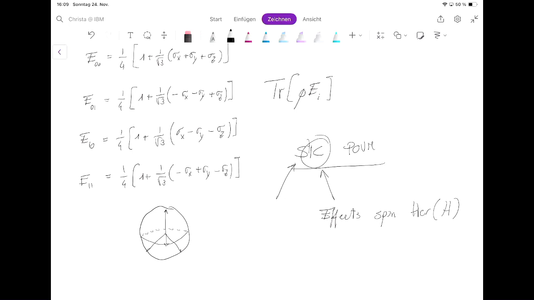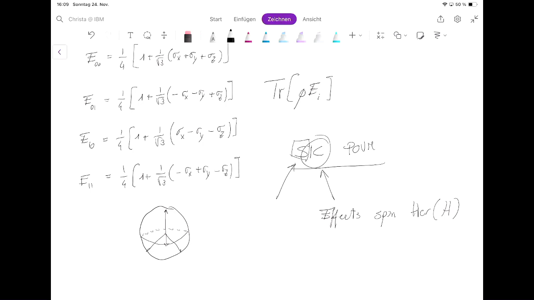The symmetric part has to do with the fact that this is a tetrahedron, a nice geometrical structure which minimizes, in a sense, the information overlap between the different effects. So these are as far apart as they can be to minimize the information overlap and still be informationally complete.